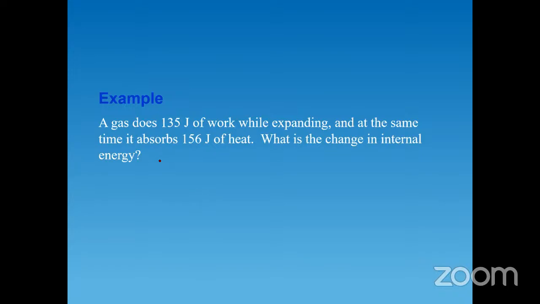Now, remember, the formula for the change in internal energy is delta U is equal to Q plus W, right? Now, the question says a gas does 135 joules of work, right? So basically, if it does 135 joules of work, that means that work will be equal to minus 135 joules, right?